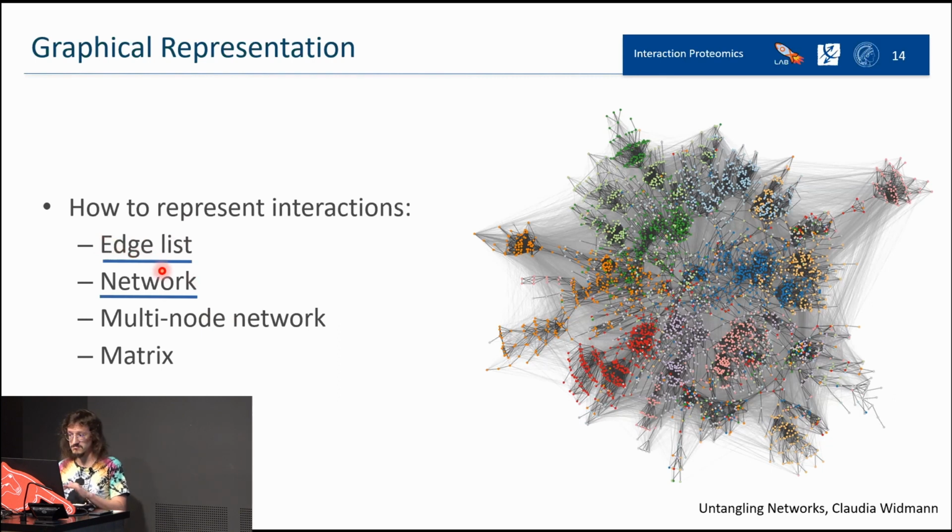It's a simple table, nothing more than that. Usually a network is used. And you can also go up to a multi-node network, but that could be a risk. As you can see here, when you have a lot of data, you can end up having something like this that is also called, in a kind of negative way, a hairball, because you don't see anything from it.